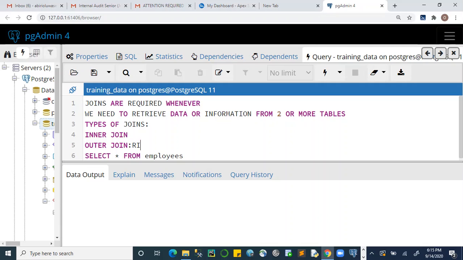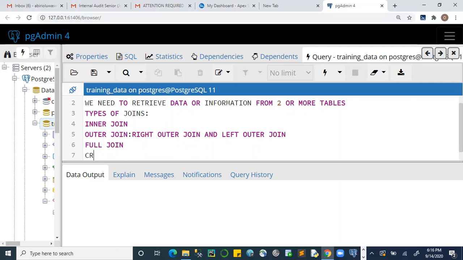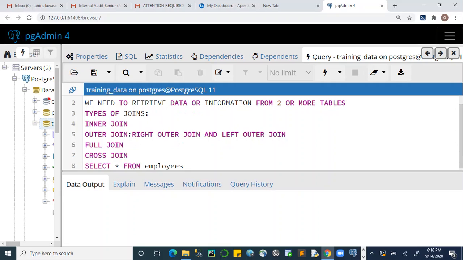We have right outer join and left outer join. Okay, we also have full join, and we have cross join.